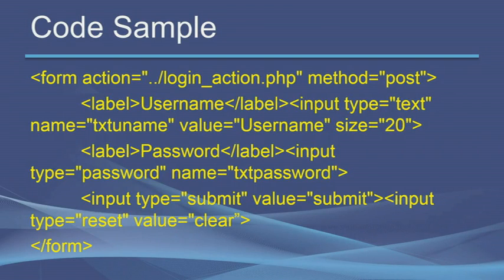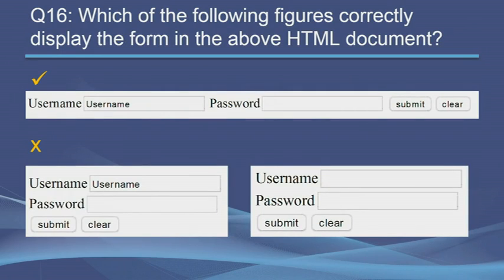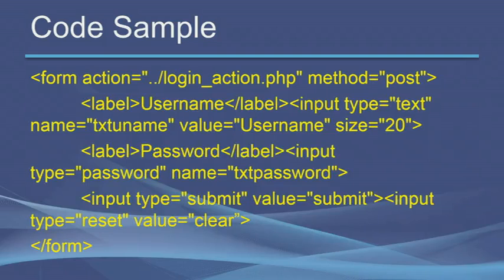If you look at the question, which of the following figures correctly display the form in the above HTML document? So let's look at this. If you remember the code and you have the paper with you, you can look at the code. If not, let us just go back. So remember these. If you look at it, there is no space between the label username and the text box, and there is no BR tag between the text box and the password label.